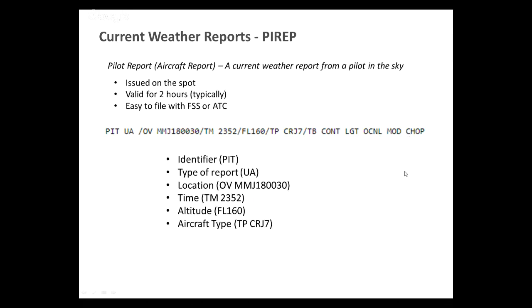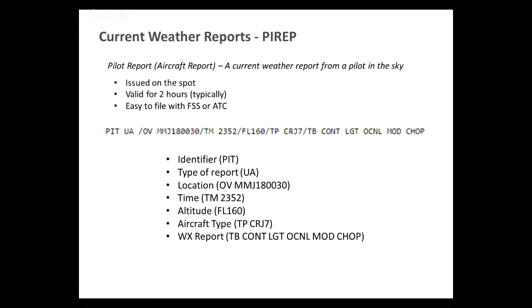The type of aircraft you're flying, so in this case, this is a Canadair Regional Jet 700 series. And then the final portion of the PIREP is just a bunch of code words for what type of weather you are trying to communicate.